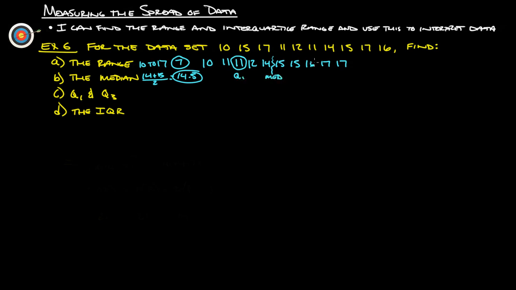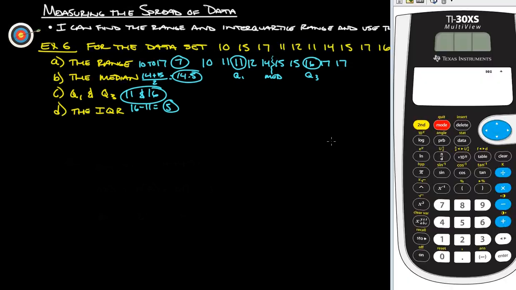And then 1, 2, 3, this is quartile 3. Okay, so that would be 11 and 16. So the interquartile range would be 16 minus 11, which is 5. Okay, so that's how you would do that by hand. Not terribly difficult, especially if you don't have a lot of data.